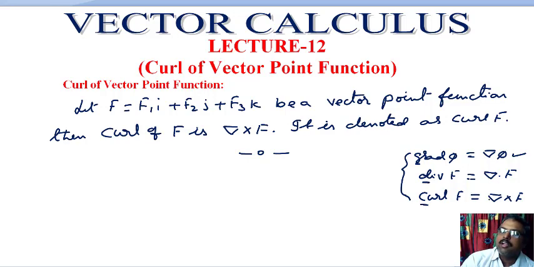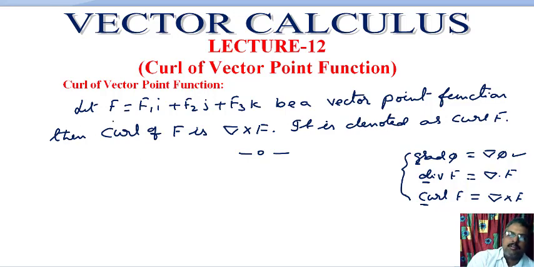C stands for curl, cross product. This is a simple technique. I will repeat again: first letter G, general product; D, dot product; C, cross product.